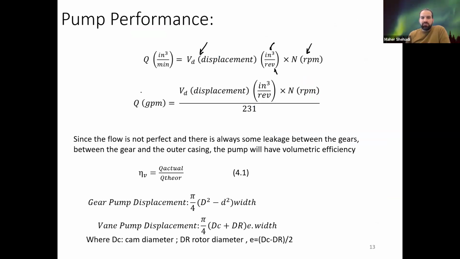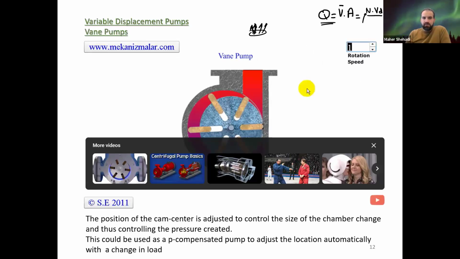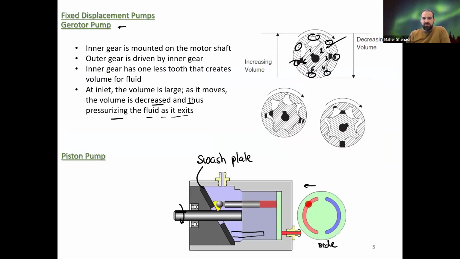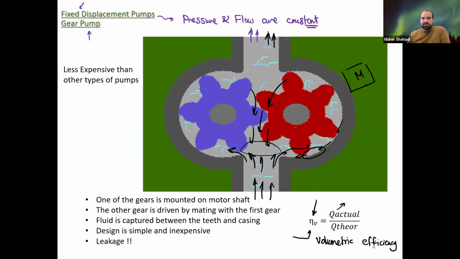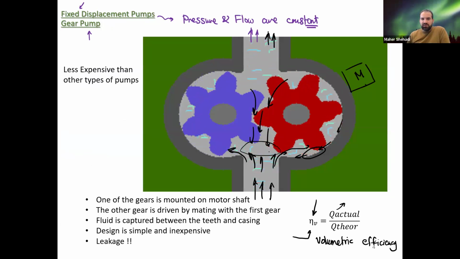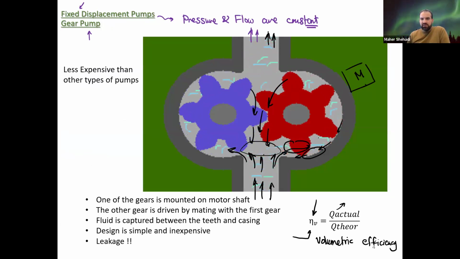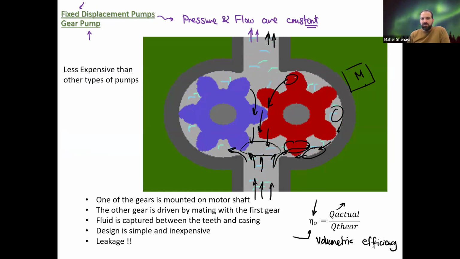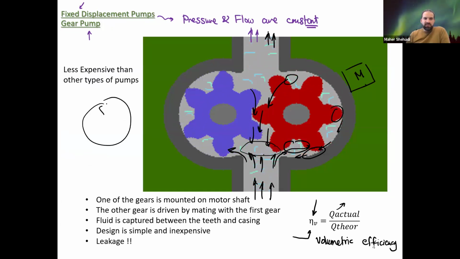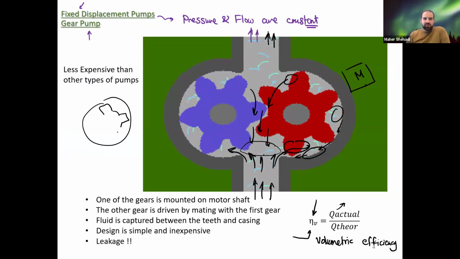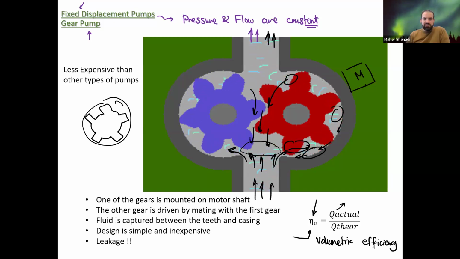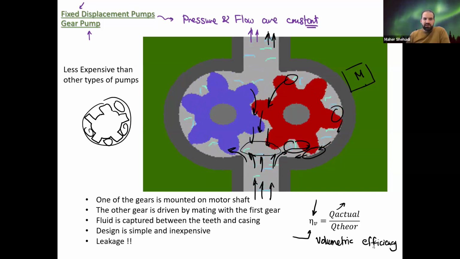But it's giving me, for example, what's the displacement volume for gear pumps? Let's go all the way back to the gear pump. The displacement volume is these volumes. It's just these volumes. So what's that volume? If you look here, assuming that's the gear, it's not the best, but trying. So it's this, and this.